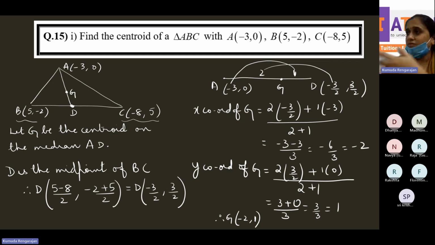Arjun, are you following? Then tell me the formula to find the y coordinate of G. For the y coordinate of G, you should use (m y2 plus n y1) by (m plus n).